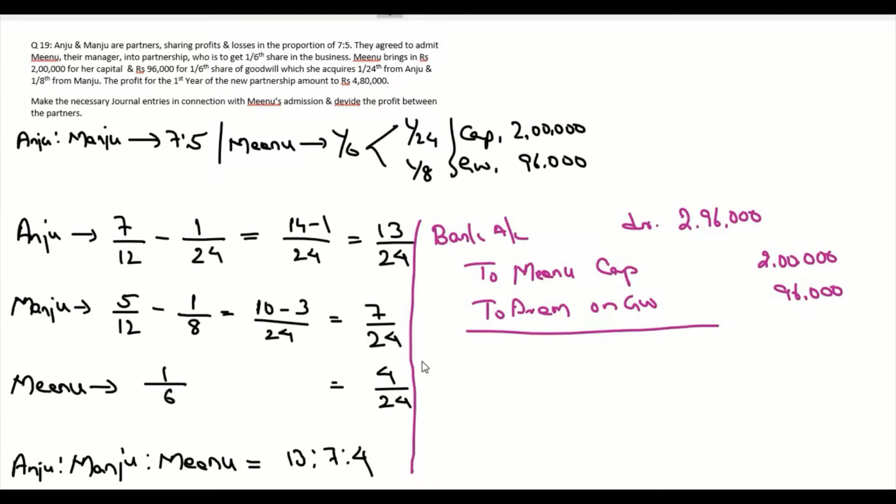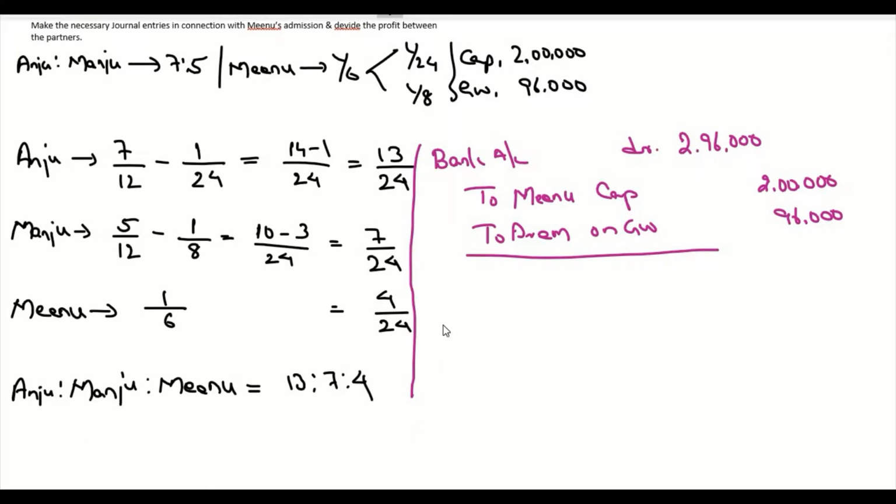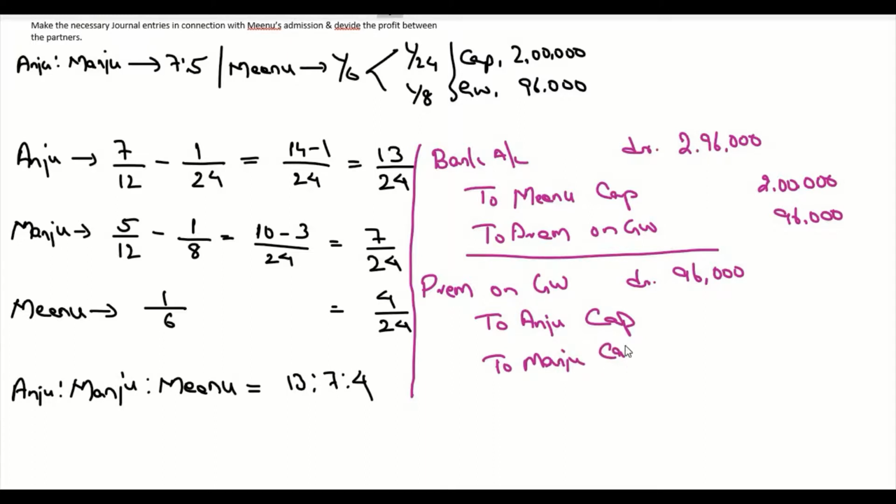Then this premium on goodwill has to be divided among the old partners in their sacrificing ratio. So premium on goodwill debit 96,000 to Anju's capital, to Manju's capital.